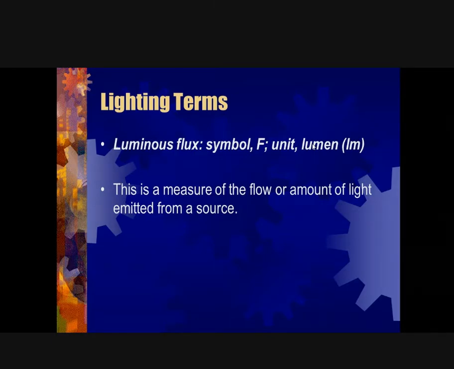We can use a light meter to measure this quantity from any light source, whether it be the sun, a fluorescent lamp, an LED tube, and so on. So the luminous flux, or sometimes just the flux, is the amount of light emitted from a source.